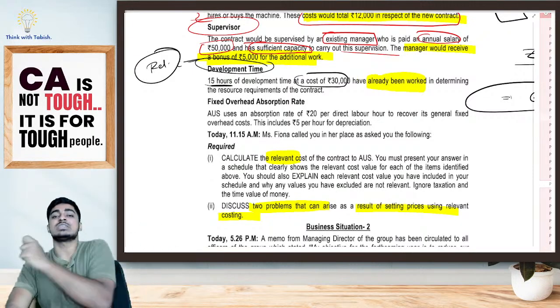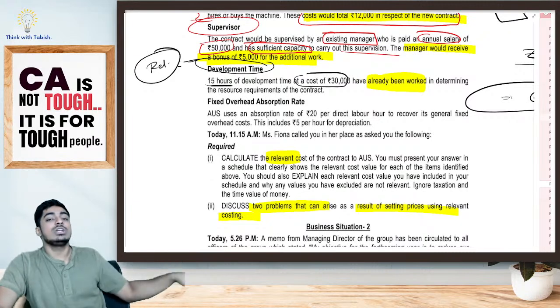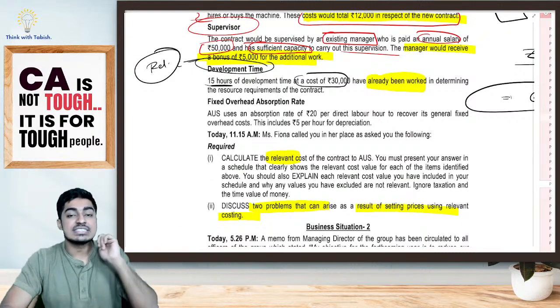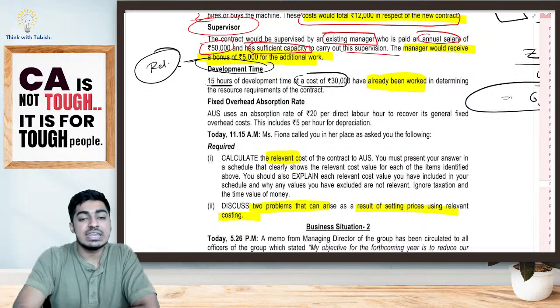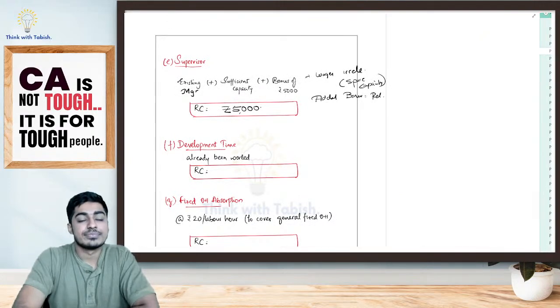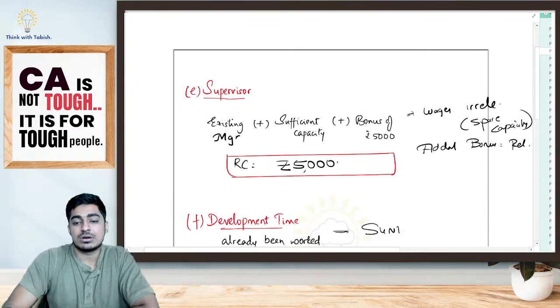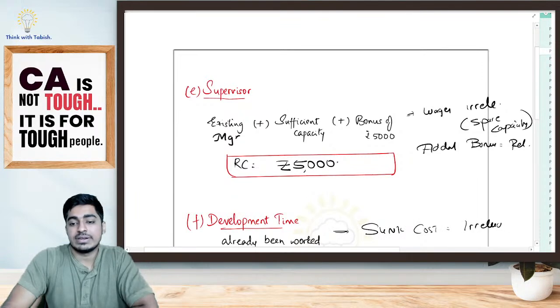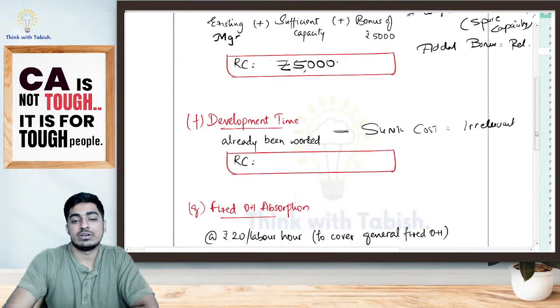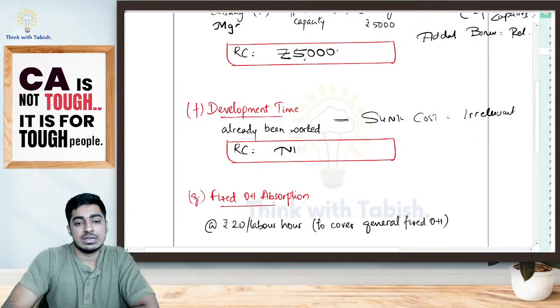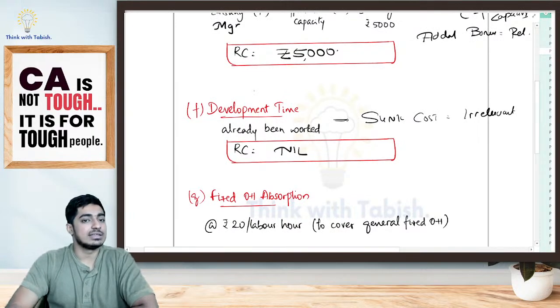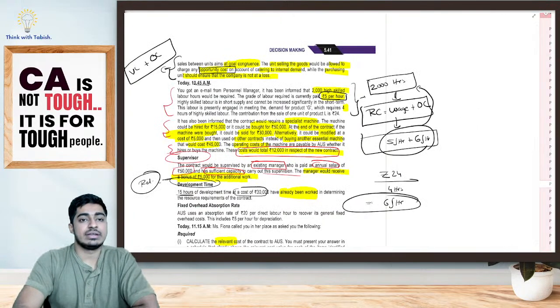Now whether I accept the offer or reject the offer, this amount is already over. This is sunk cost. It is irrelevant. Yes, this development cost is sunk cost. It is going to be irrelevant. So the relevant cost is going to be nil. Is it clear? Yes. Going ahead.